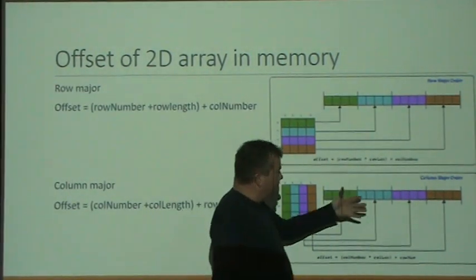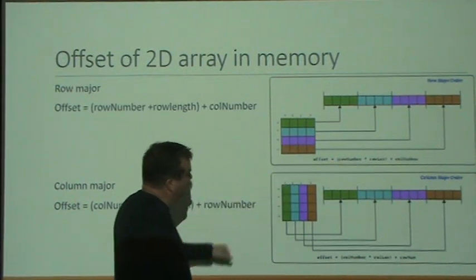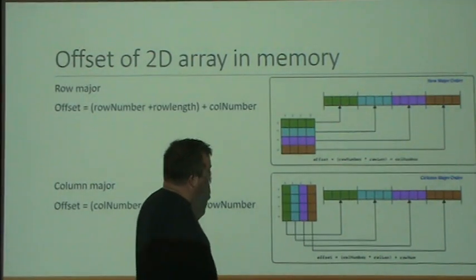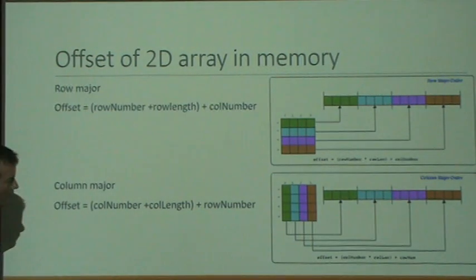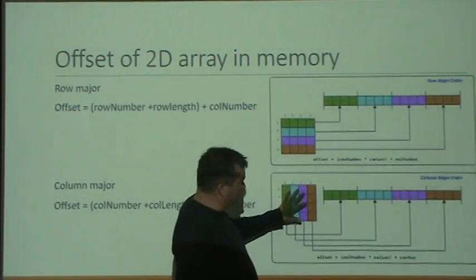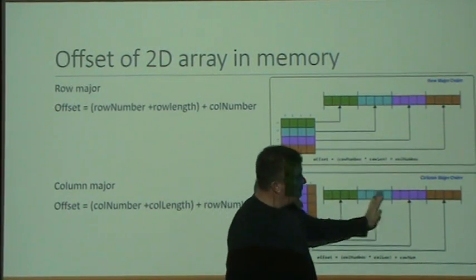Well, it'd be based on the address I'm looking for. Let's make it a different one. Let's say 3, 1, this box right here. I wanted to know where is 3, 1, and my programming language decided to store my two-dimensional array in column major order.